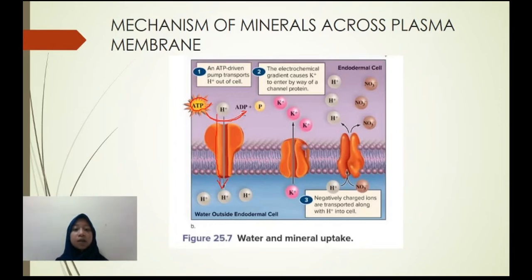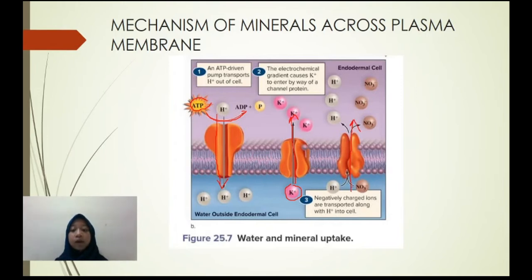This will cause an electrochemical gradient, and it causes the potassium ion to enter the cell using a channel protein. So when the potassium ion enters the cell, the negatively charged ions such as nitrate and phosphate also will be transported into the cell using a carrier protein.